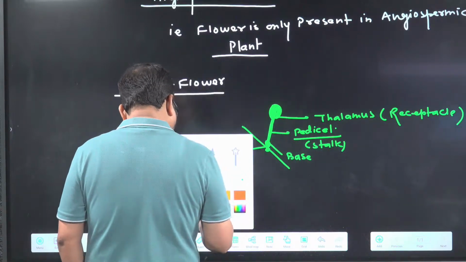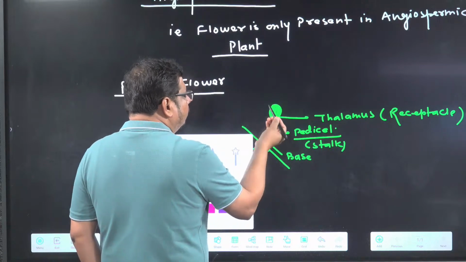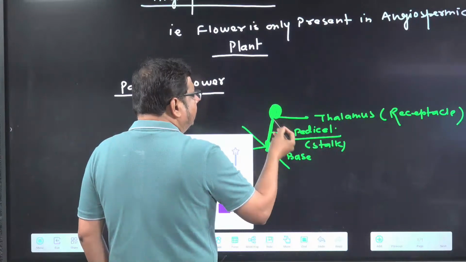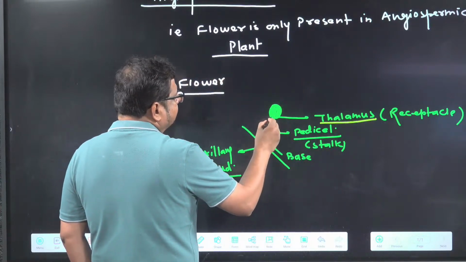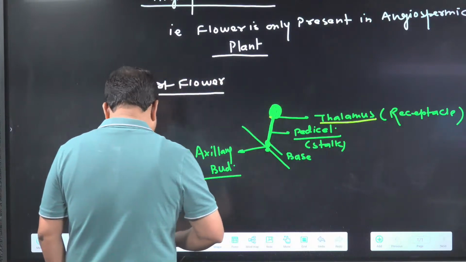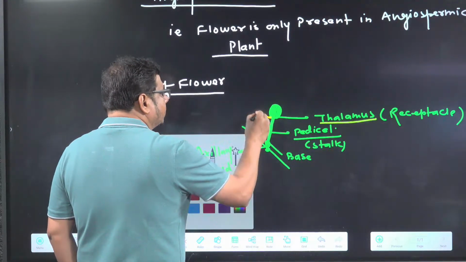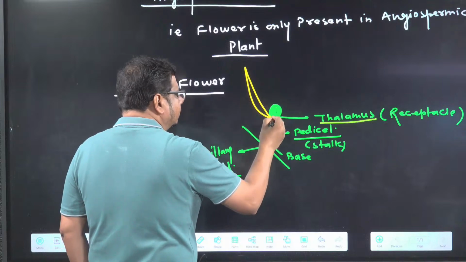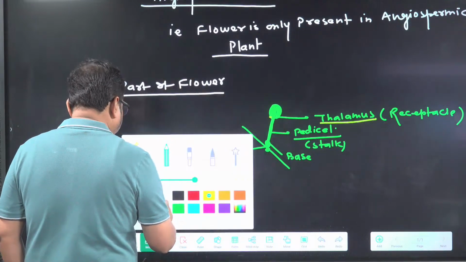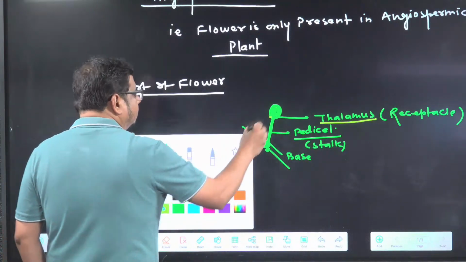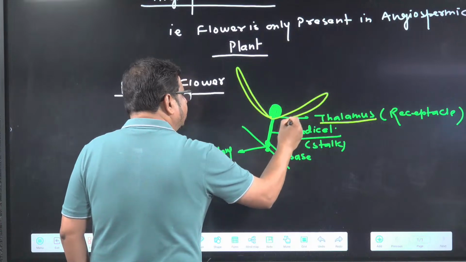Now what happened? In the swollen area also, nodes are there, many nodes are there. And from this thalamus, 4 different floral whorls arise. So the outermost floral whorl which is arising here is what basically? Let me use the green color. It is calyx.